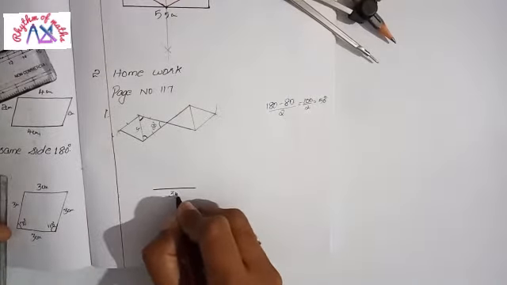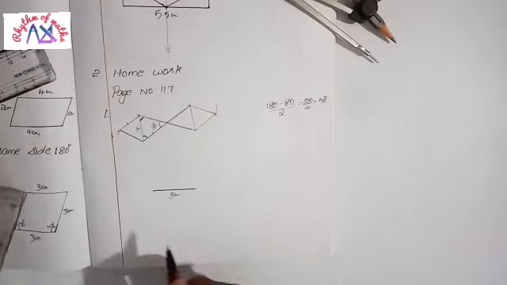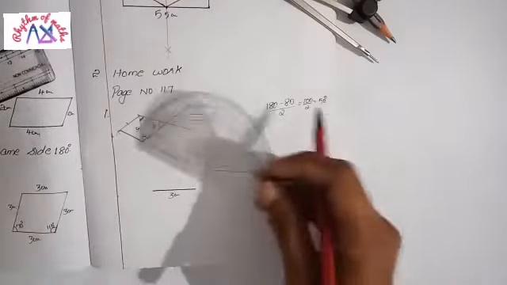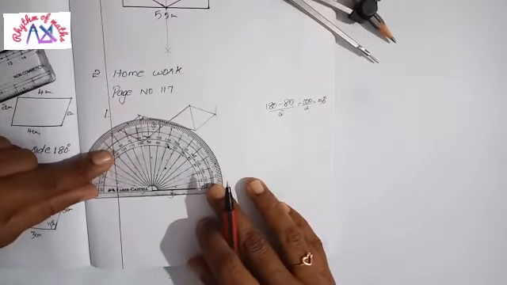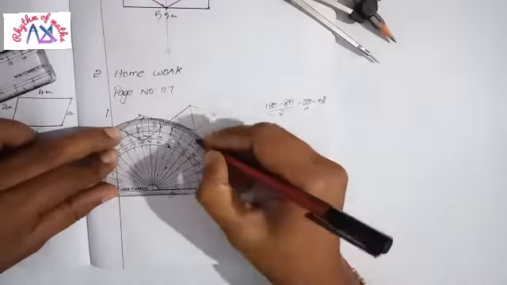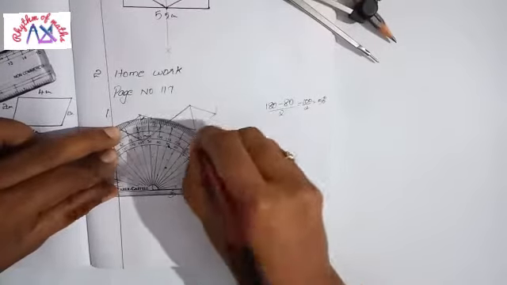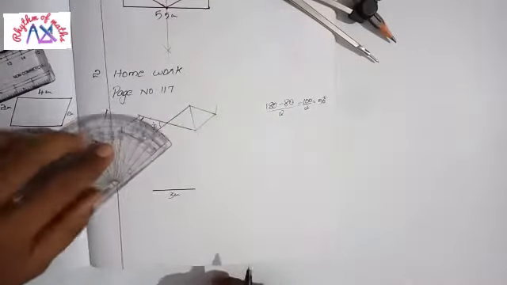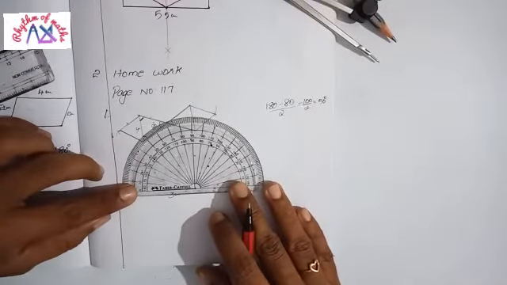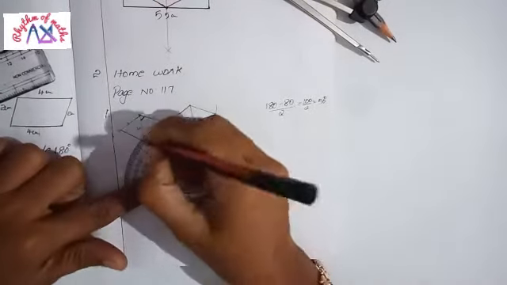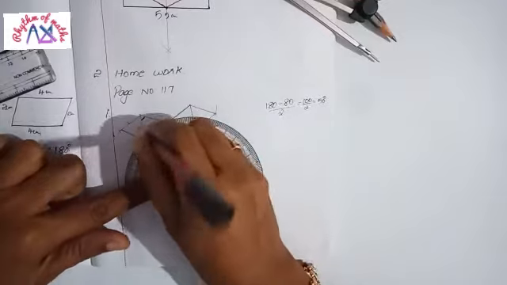Using a protractor, keep the protractor at the first point and measure 50 degree. 50 degree is here. Then from the second point also measure 50 degree.